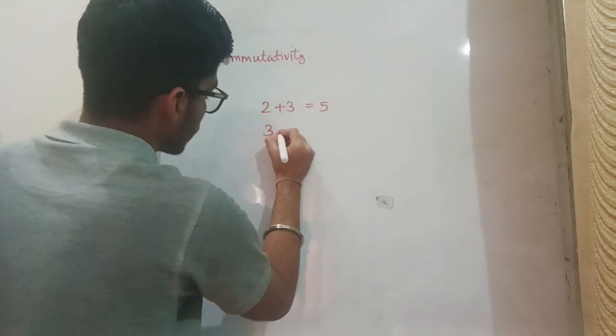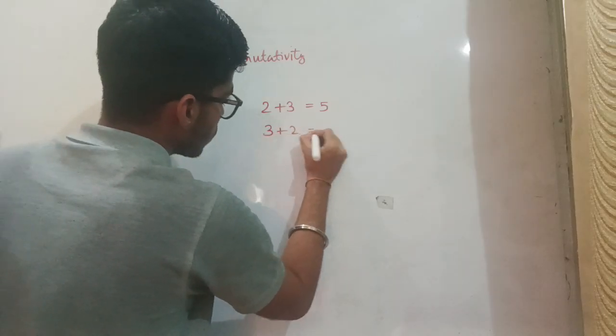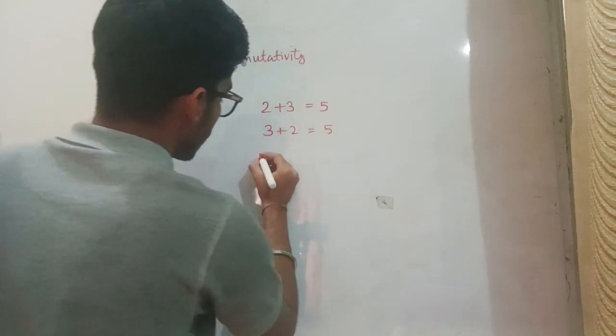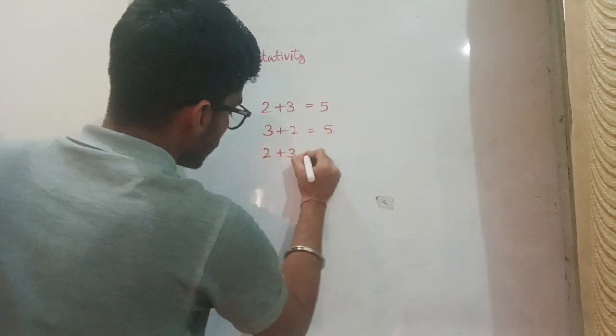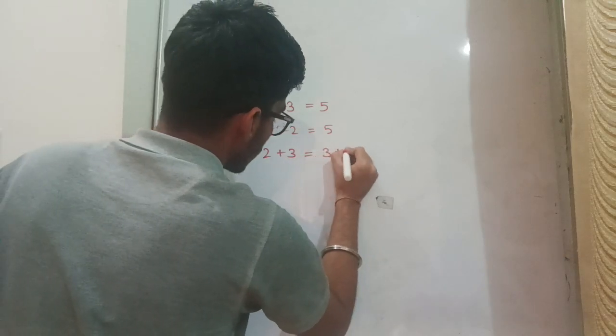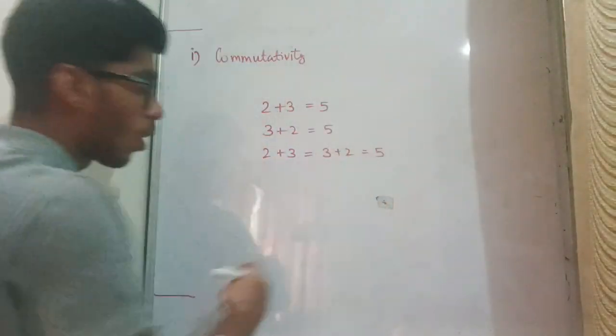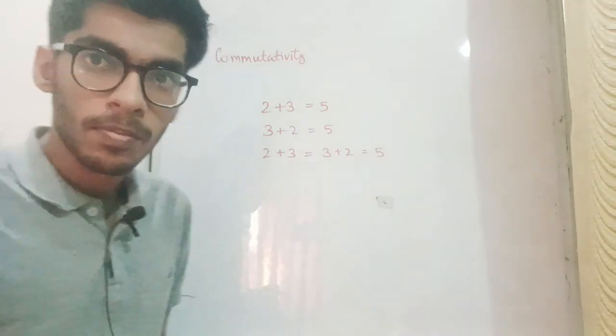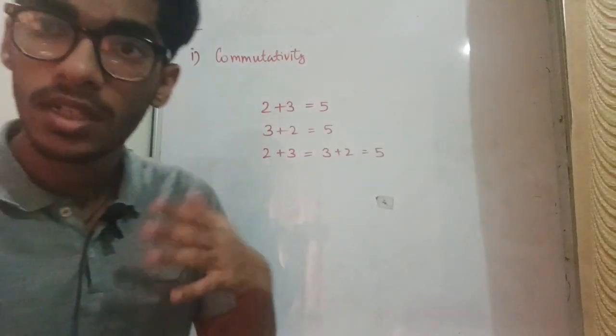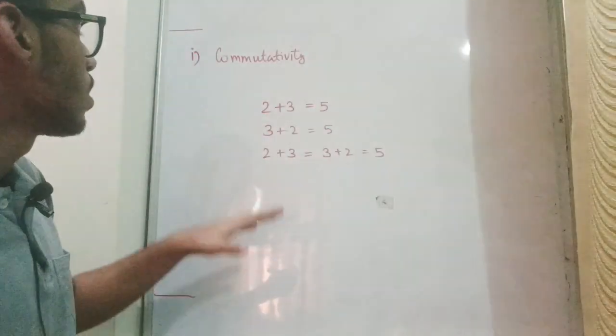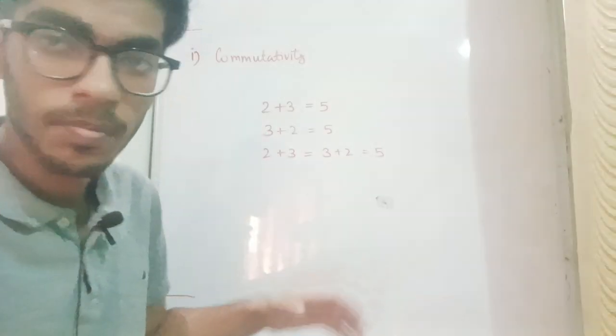Now, if I add 3 plus 2, I also get 5. So this property of numbers where the order of addition doesn't matter at all is what we call commutativity.